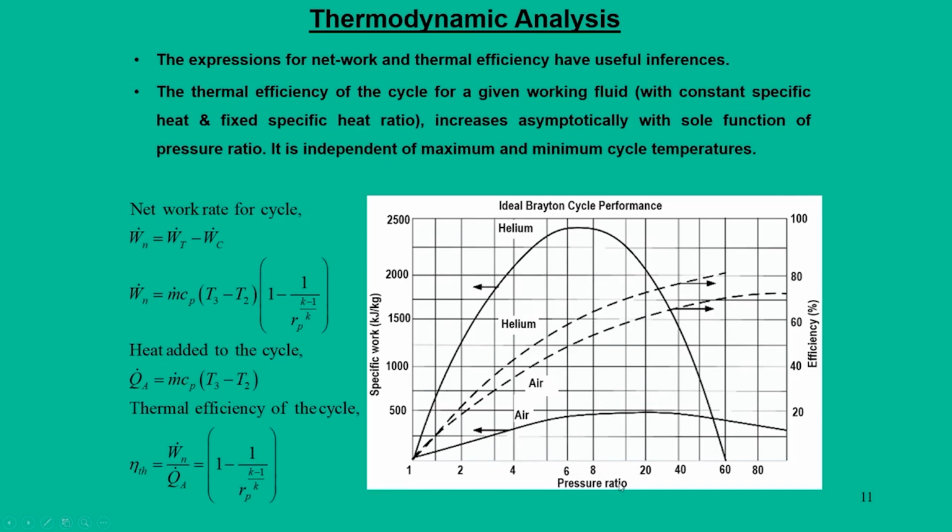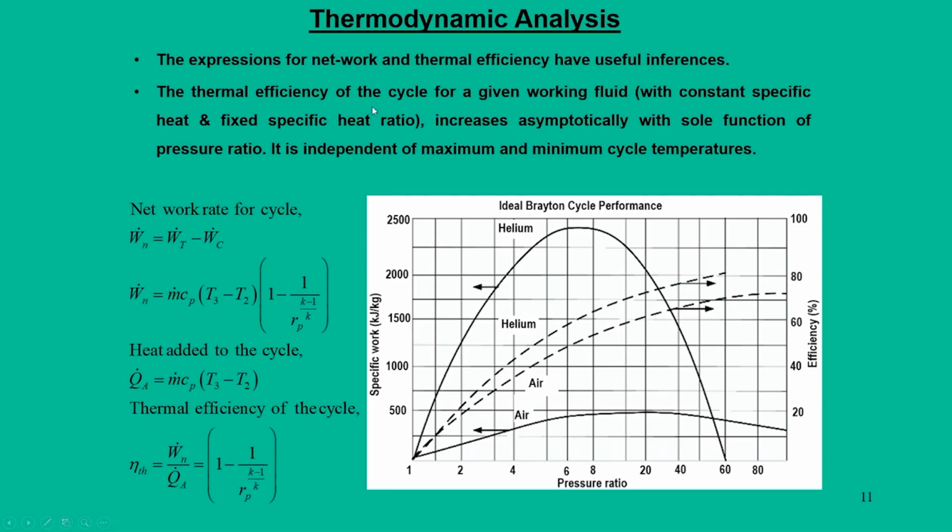Basically, whatever expressions we have derived so far, we can plot them graphically, because we have parameters like pressure ratio, maximum temperature, minimum temperature, and the working fluid. Based on this we can find the curves for efficiency and specific work. If you keep on doing it, the curves normally look like this. What inference do we get out of it?